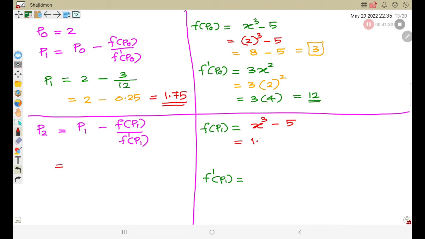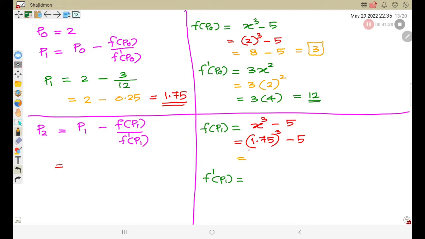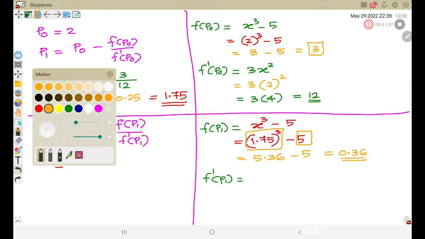P1 is 1.75, so 1.75 power 3 minus 5. Be careful with this calculation because we need 3 digits rounding. So 1.75 power 3 means 5.36 using 3 digits rounding, minus 5 equals 0.36.